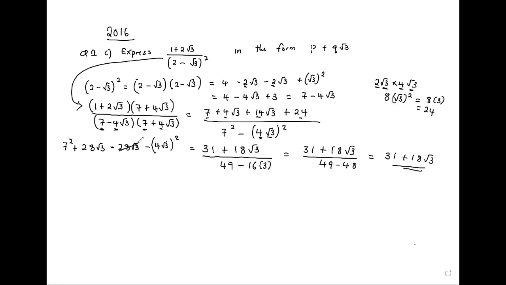Then this guy and this guy give us a 0. So remain 7 squared minus 4 root 3 squared. That's how we just took it like that, because that's actually what we call rationalization.